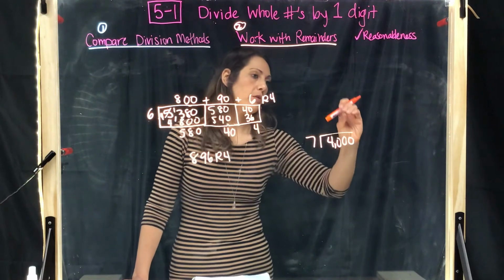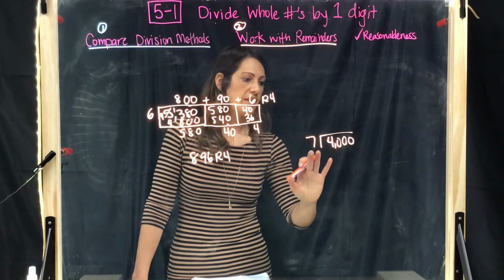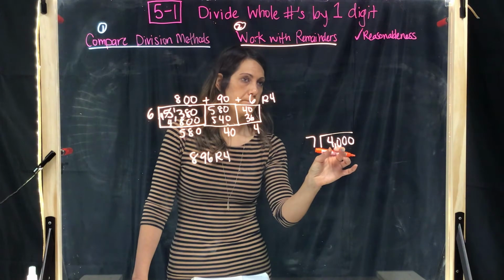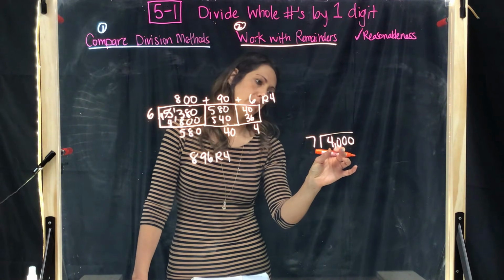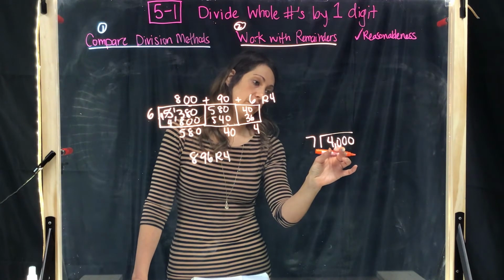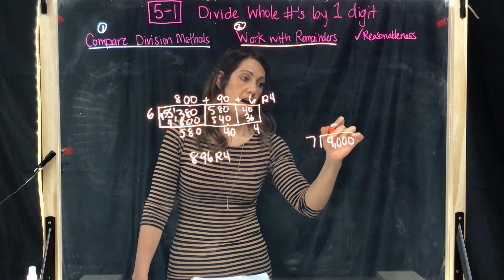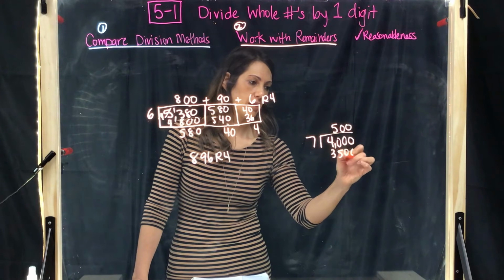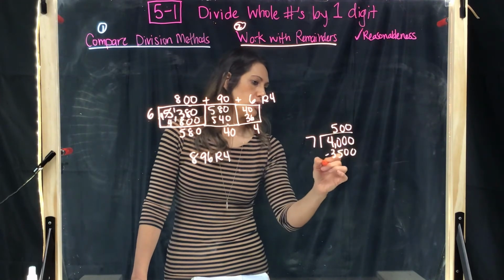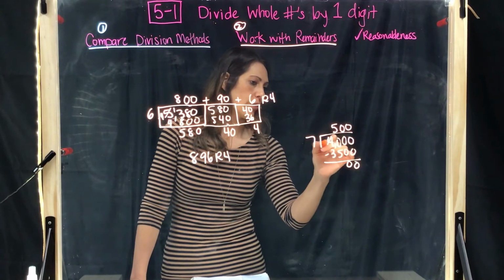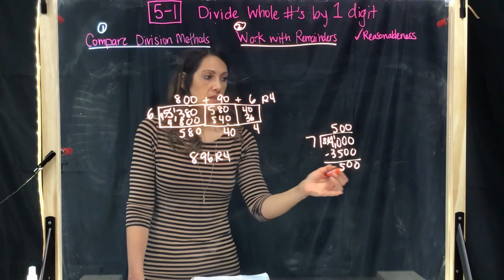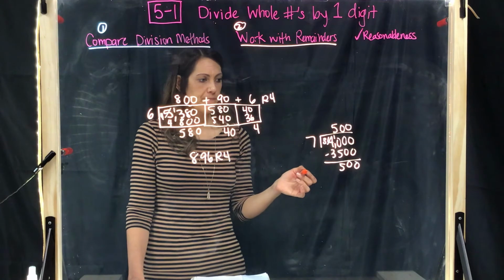So I'm going to build my quotients on top. 7 does not go into 4. 7 can go into 40. 7 times 5 is 35. So if 7 times 5 is 35, then 7 times 500 would be 35 with those 2 zeros. Subtract, regroup, got 500.